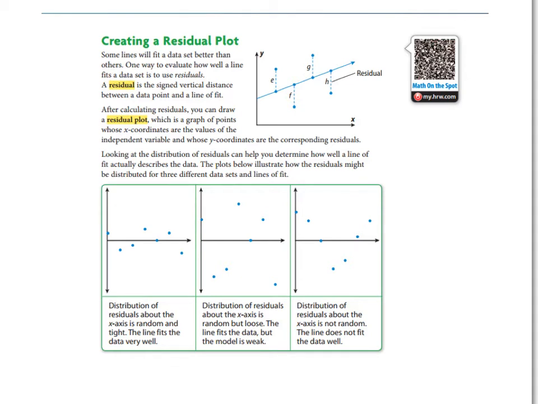This one, you've got, again, the same number of points on top and on bottom, which is good. But they're a little bit more scattered. They're not as tight around that line. So while it's a good line, it's not the best. The third one, you've got 4 points above it, 2 points below. This one's not a great fit at all. So you would actually want to redraw the line of fit if these ended up being your residuals.